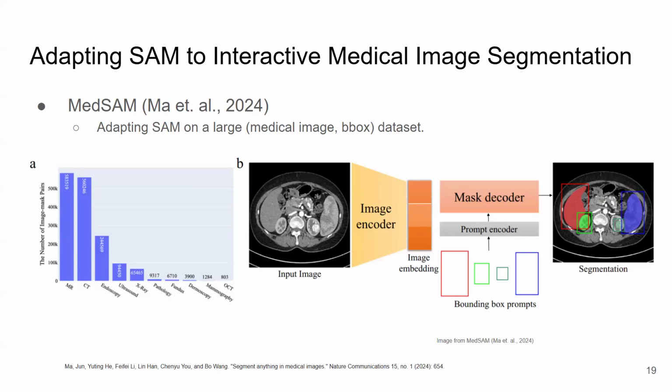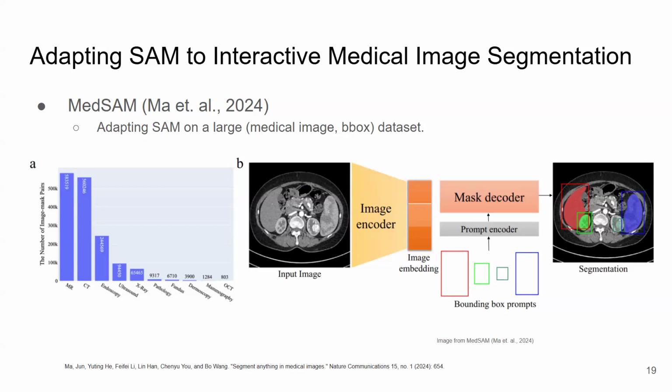And here, what people have done is, because SAM is already very good, they try to adapt SAM to the medical field. What they do is they use the medical image dataset and generate the bounding box around the ground truth segmentation mask, use that bounding box as the prompt, and then fine-tune SAM on medical image datasets to produce better results for medical images.